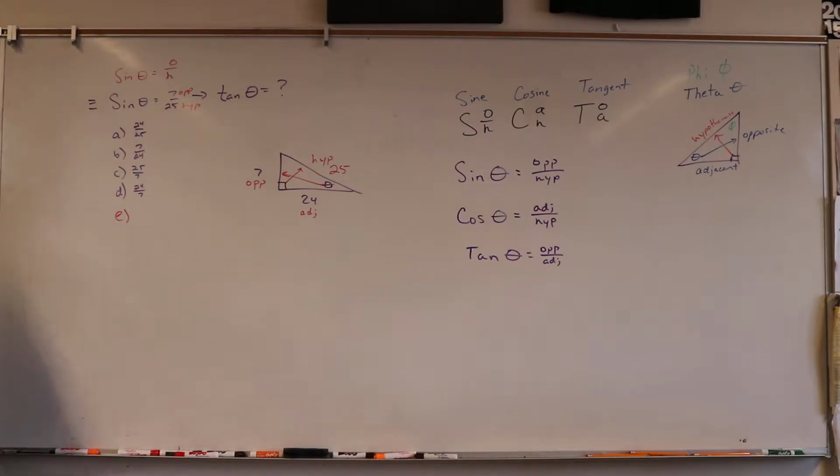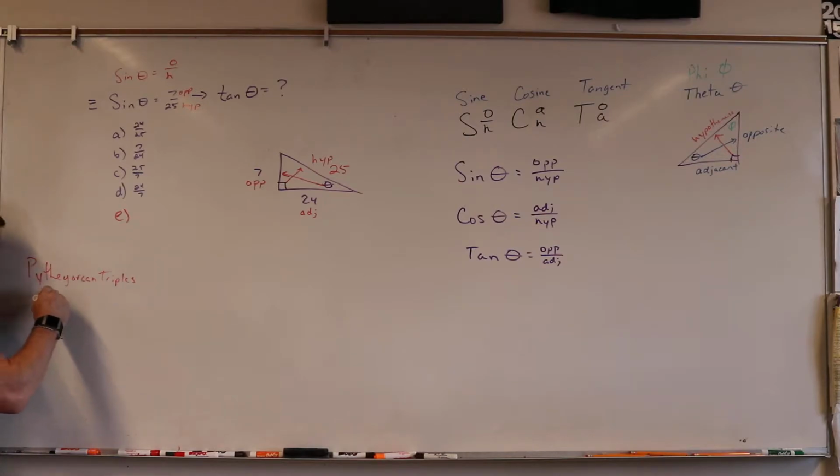Remember we talked about 3, 4, 5 triangles? Have we talked about that yet? When we did the Pythagorean theorem, I talked about Pythagorean triples. I know you're looking at me like, what? Pythagorean triples that you should have in your notes.